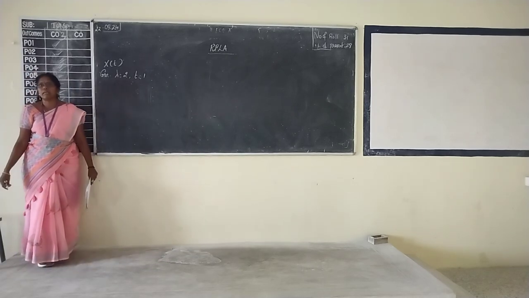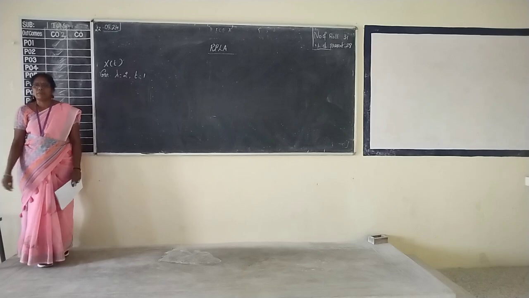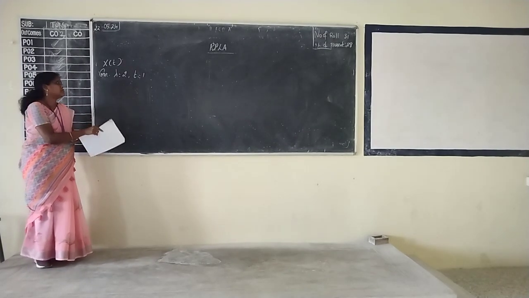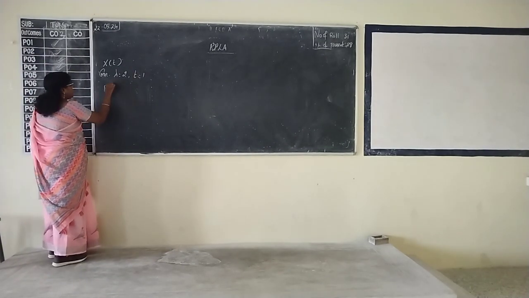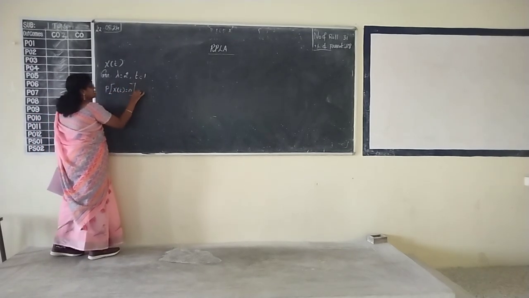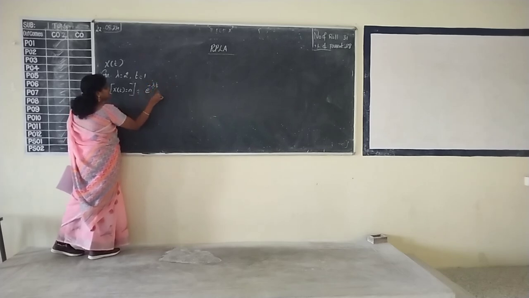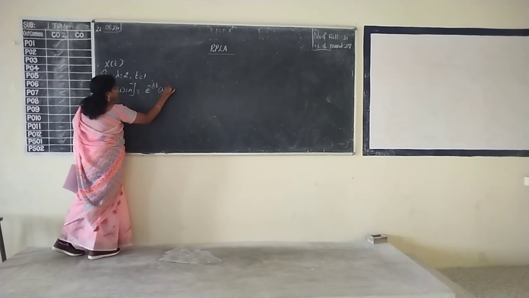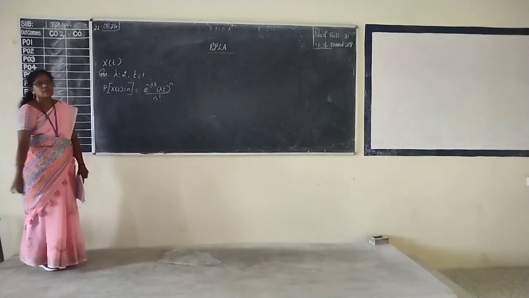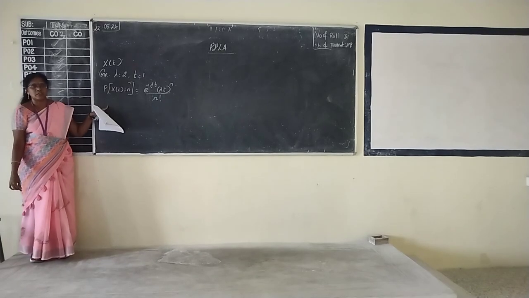Write the next line. By definition, probability of X of t equal to n is equal to e power minus lambda t, the whole power n, by n factorial. This is the definition for Poisson process.